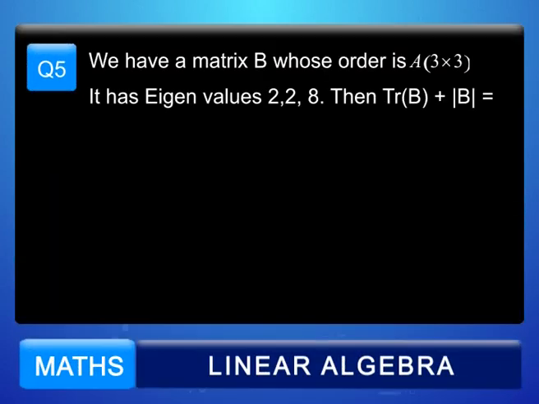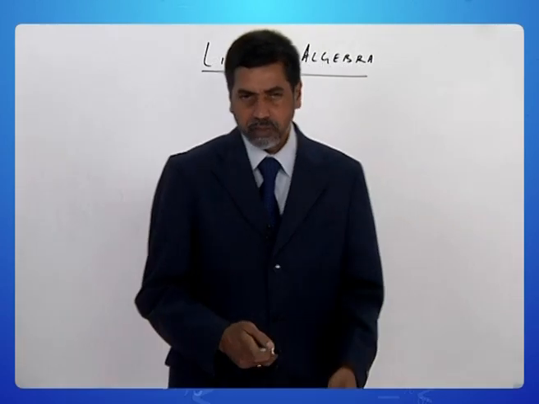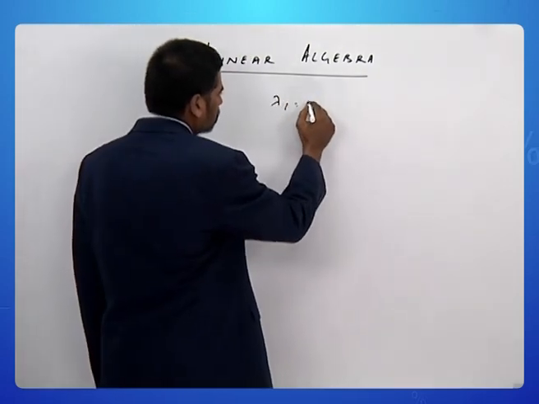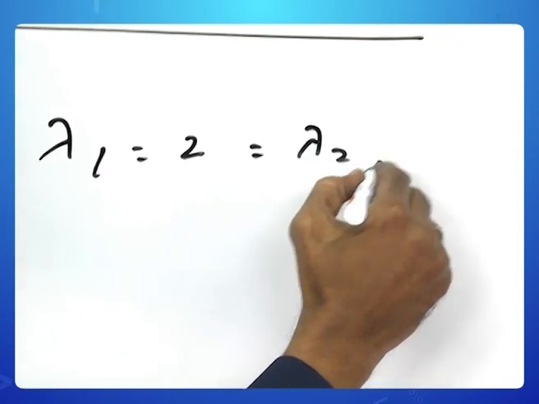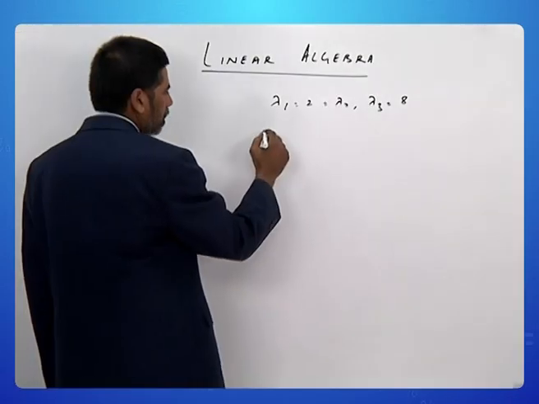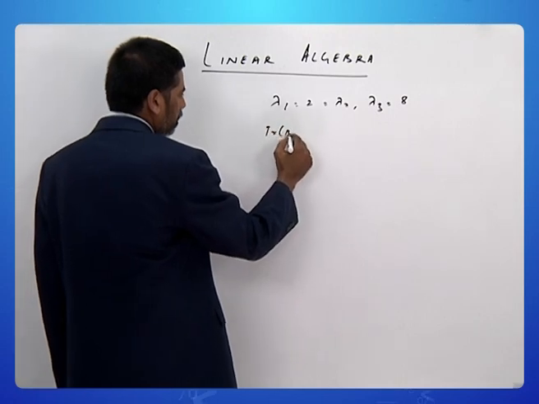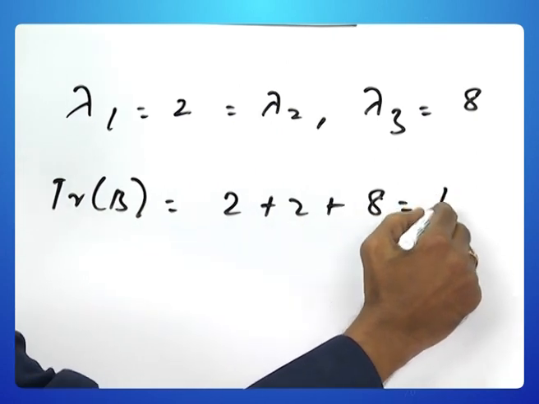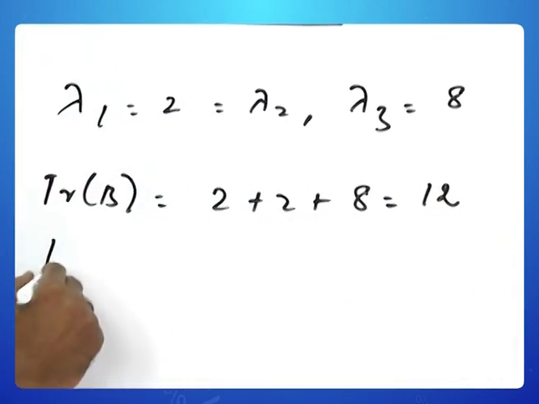Question number 5. We have a matrix B whose order is 3 by 3. It has eigenvalues 2, 2 and 8. Then what is the trace of B plus determinant of B? This is a direct question because if the lambdas are 2, 2 and 8, then trace of B is 2 plus 2 plus 8, which is 12.